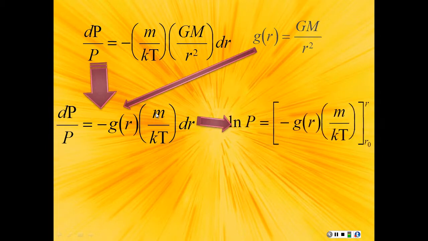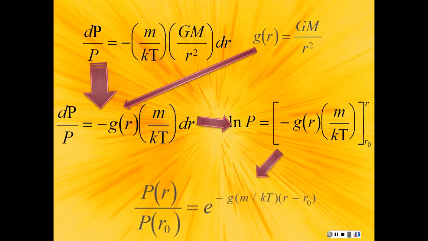Remember, m is the mass of the particles, k is the Boltzmann constant, T is the temperature. If I integrate this, I get the natural log of P is given by this equation, which is going from r to r0. There should be an r in there. Okay.